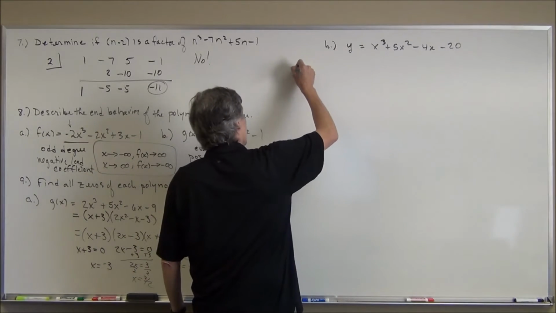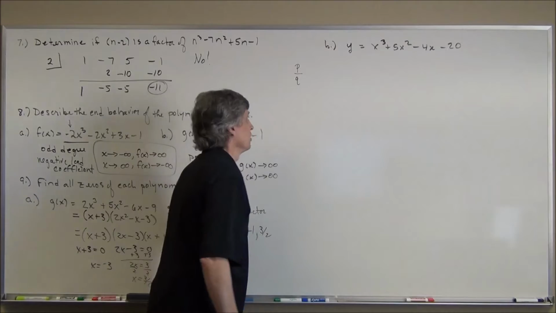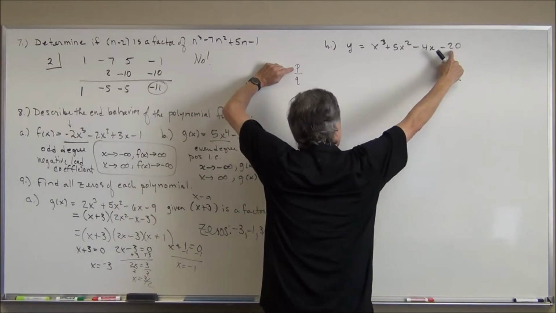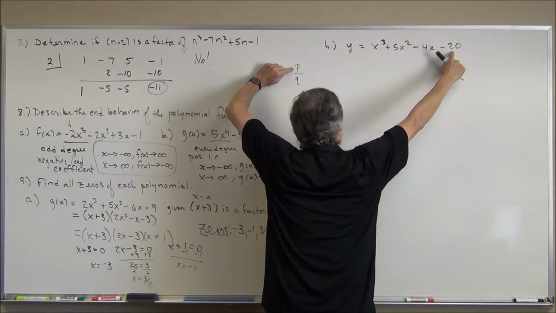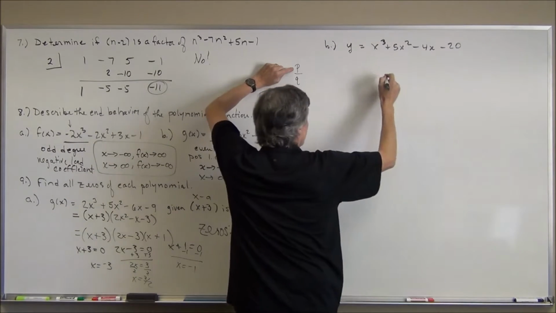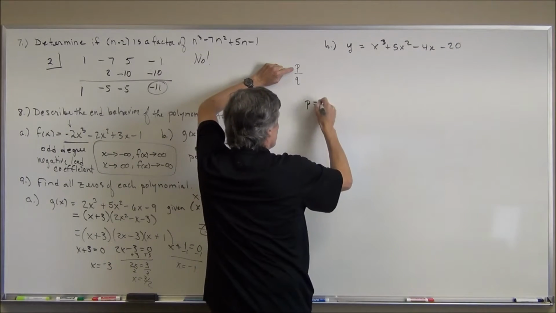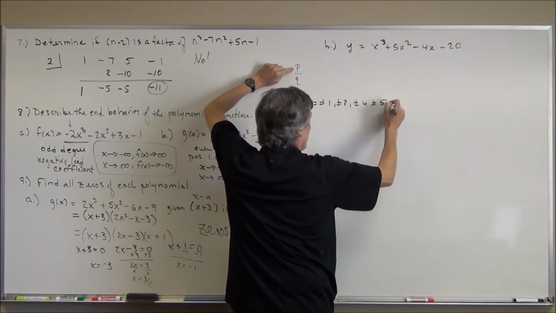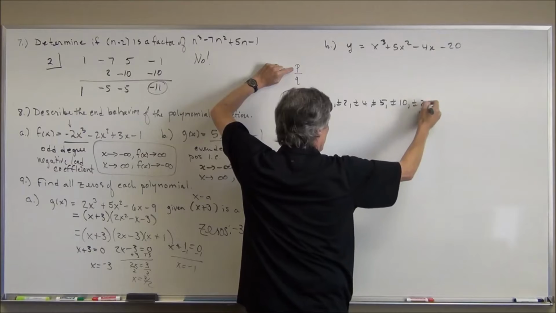Well, you divide by fractions that are in the form P over Q, where P, the numerator, is an integral factor of, in this case, the constant term of negative 20. That means P could be plus or minus 1, plus or minus 2, plus or minus 4, plus or minus 5, plus or minus 10, or plus or minus 20.